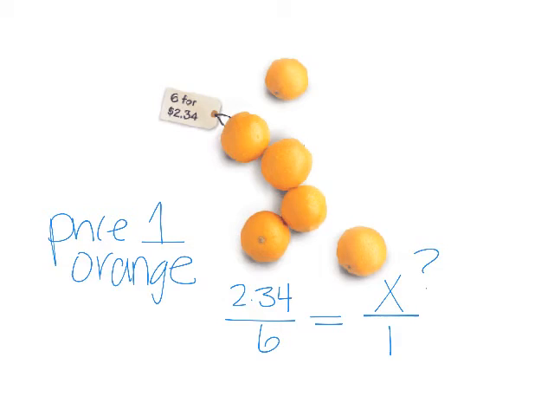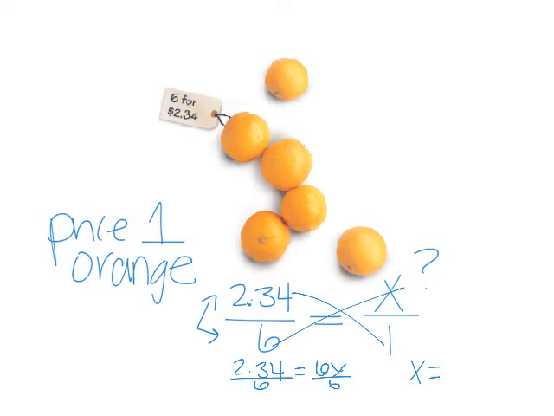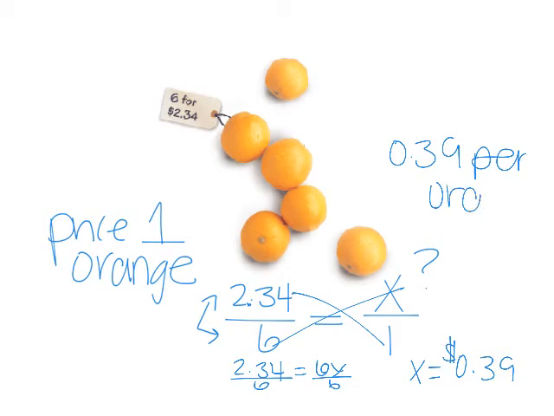We represent that with an x. All you need to do is divide the numerator by the denominator, so you do $2.34 divided by 6. You could also cross multiply, the butterfly method, and you get 234 equals 6x, then you're dividing by 6, but that brings us right back to what we had. So for 1 orange, it is 39 cents. It's 39 cents per orange.